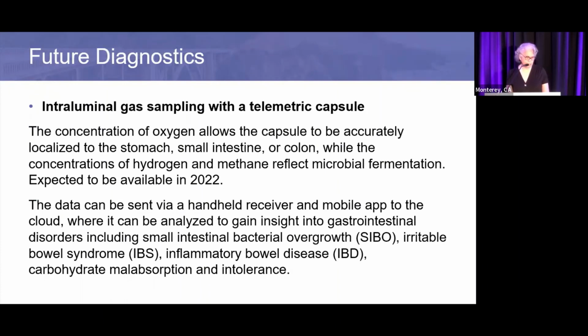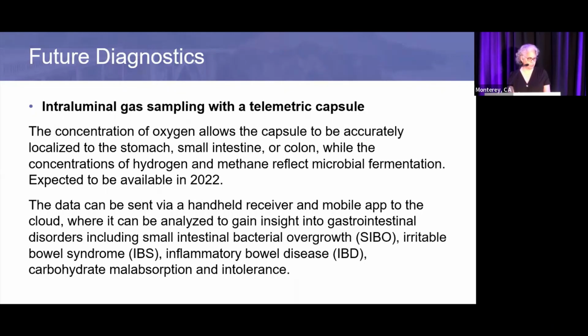So what is the future? What's happening, and why we talk about SIBO, is what's coming down the pipe. Concentration of oxygen, it's this gas sampling with a telemetric capsule. We heard yesterday about capsule endoscopies and the vibrating capsule that we talked about at DDW for constipation.